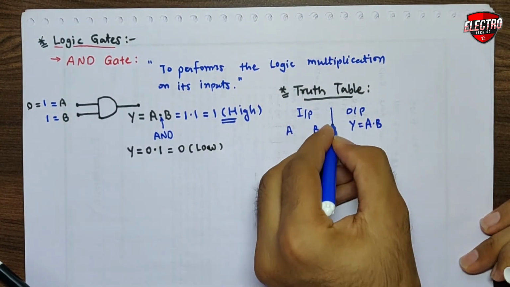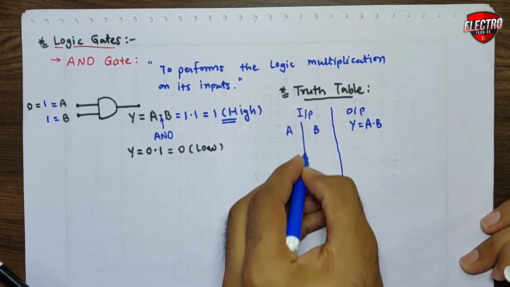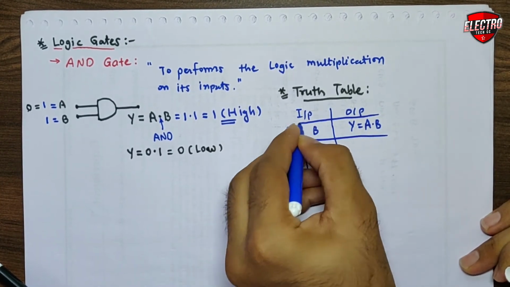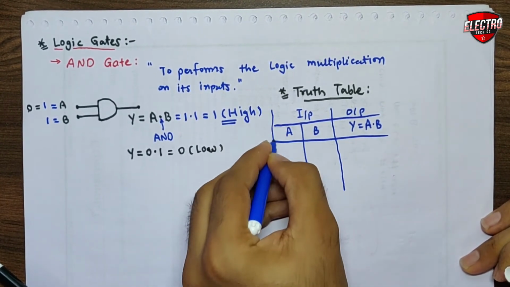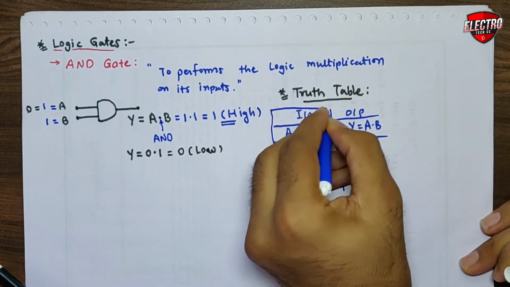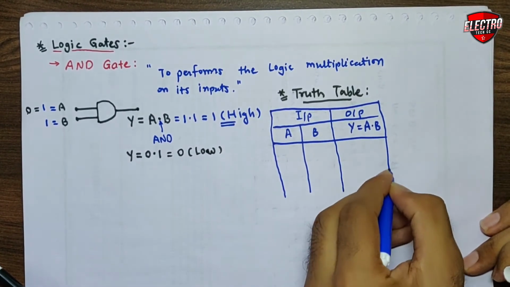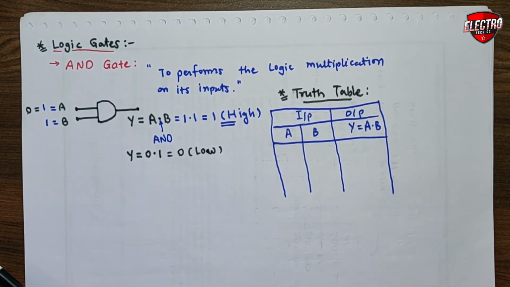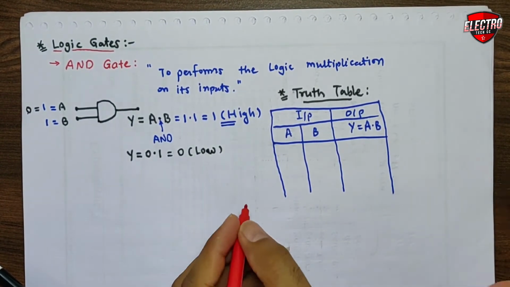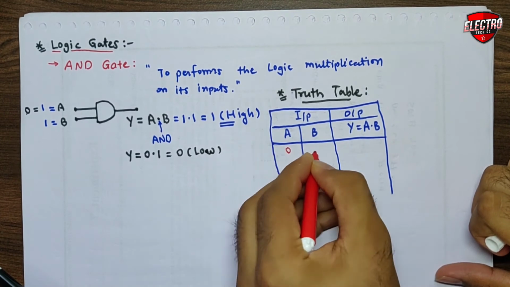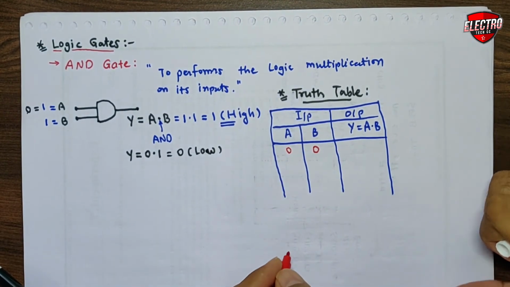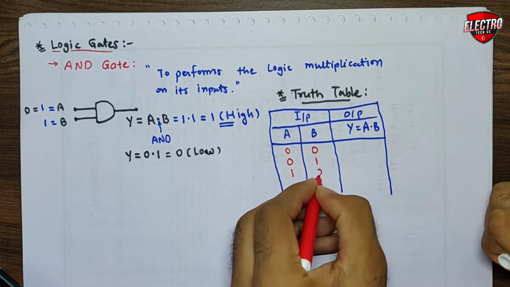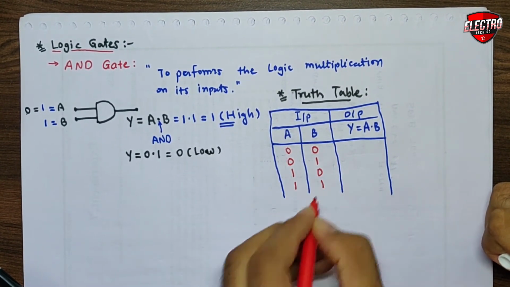As we discussed earlier, a truth table is a table consisting of all the possible combinations of inputs and the corresponding output signals. Clear? So for all the possible input signals, the first combination is 0 0, the second is 0 1, the third is 1 0, and the last is 1 1.